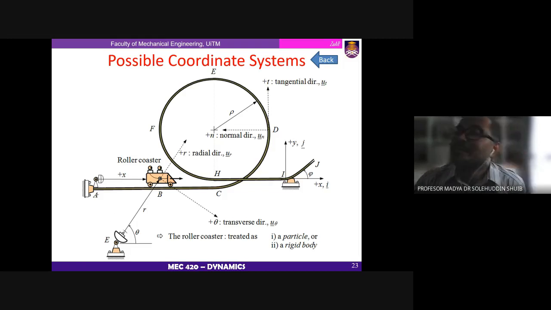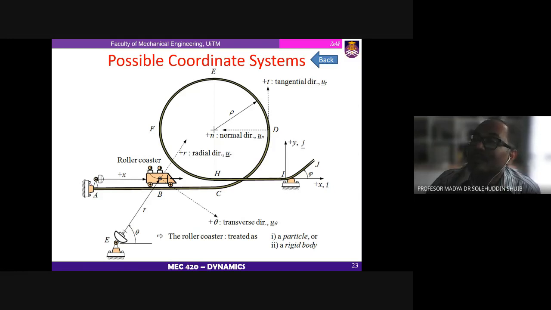So I think many of you have the experience of riding a roller coaster. We have a few places around, whether in this country or in our neighboring country. You have tried the roller coaster, but we want to relate your experiences by having a possible coordinate system in dynamics. So we have a roller coaster here.